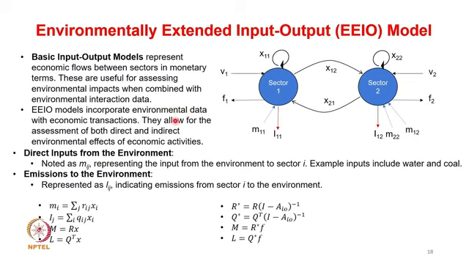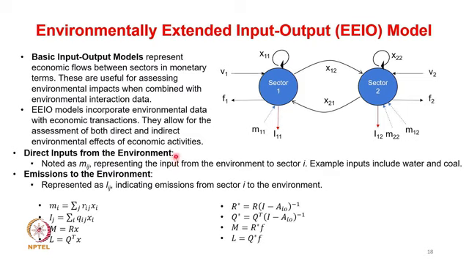So how do we do it in this context? We call these EEIO models, which incorporate the environmental data with economic transactions. They allow for the assessment of both direct and indirect environmental effects of the economic activity.